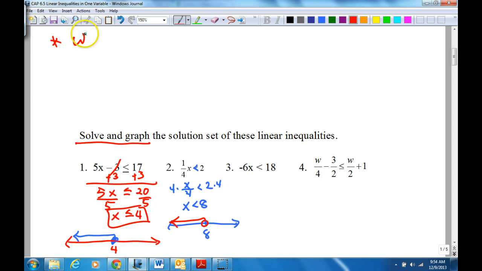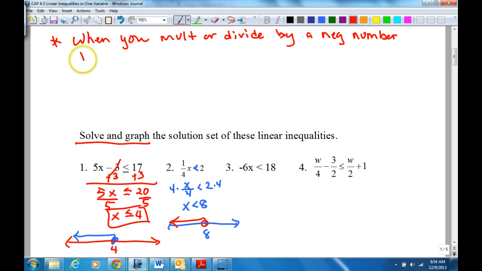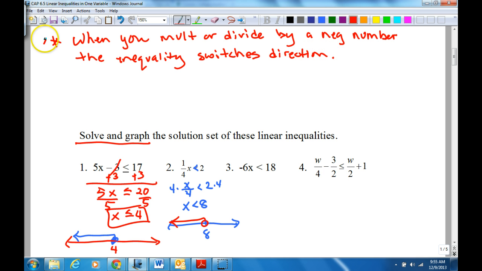When you multiply or divide by a negative number, the inequality switches direction. Okay, so this is so important because so many people forget that. So make sure you got it down, okay?